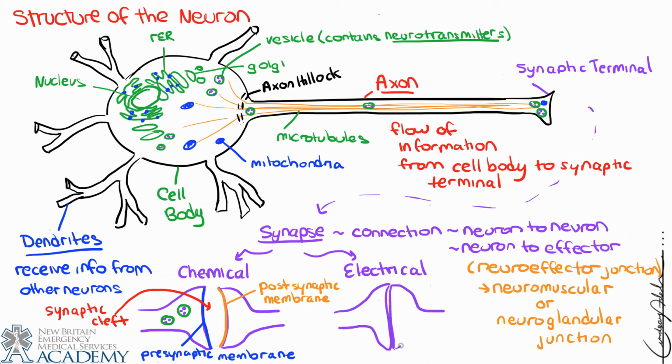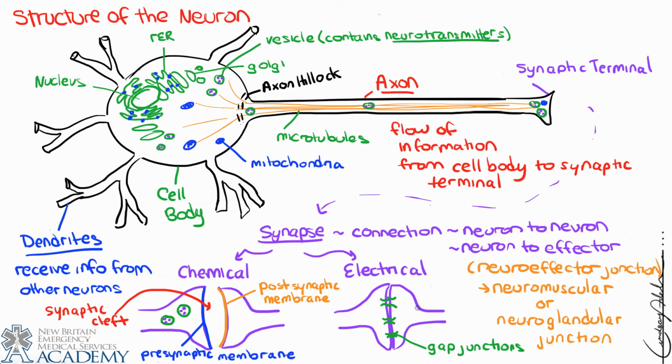All right, and then the electrical synapse will reference gap junctions. We drew a similar drawing in the cell junctions video, and here we see two neurons. Same thing, we have the presynaptic membrane. The presynaptic neuron is an axon that is coming to that synaptic terminal, and the postsynaptic neuron is the dendrite. Instead of there being a gap in between, we have gap junctions.